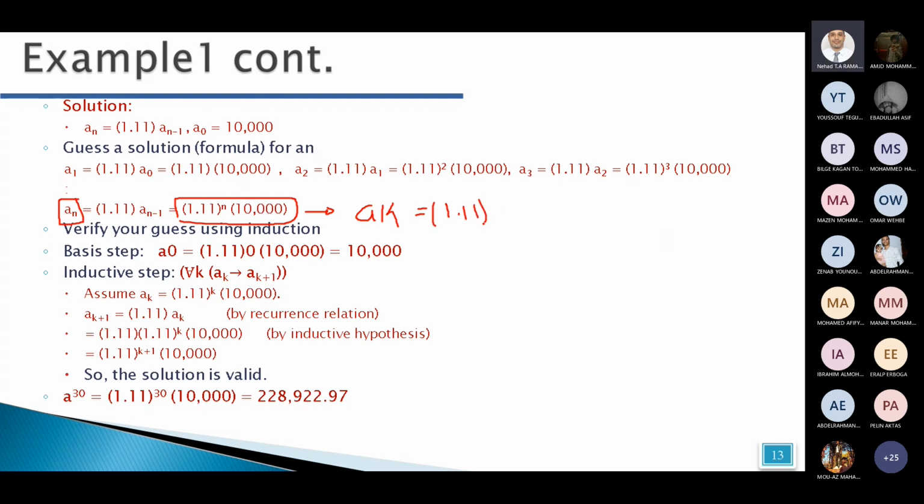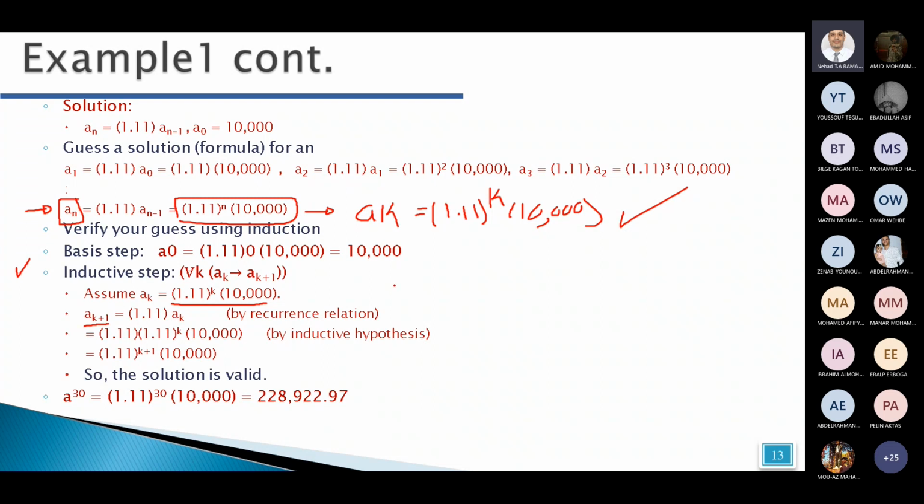We consider that it's correct for Ak, so Ak equals 1.11 power k multiplied by 10,000. This is the inductive hypothesis. Now we need to check it for Ak plus 1. We use mathematical induction to prove that the solution we found is correct.